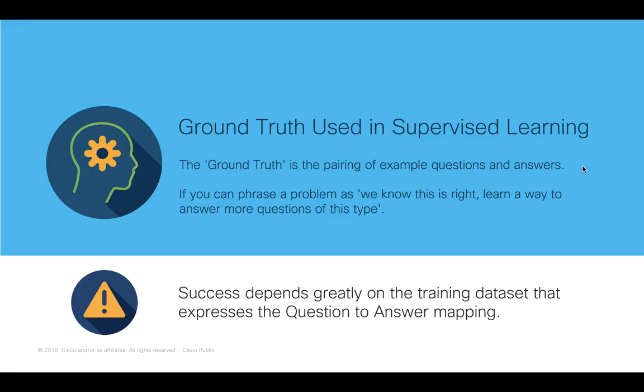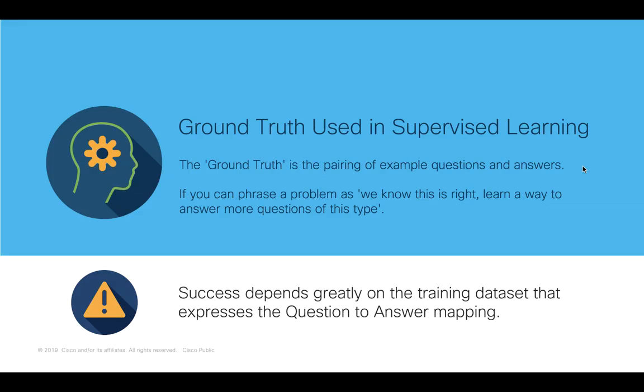So you need to understand what is the example of the pair of question and answer that they're using in order to train the classifier. Because candidly, if that is wrong or if that is incomplete, it is highly likely that your classifiers will be either inefficient or potentially wrong, and that your machine learning cloud will actually not give you the answers you're looking for.